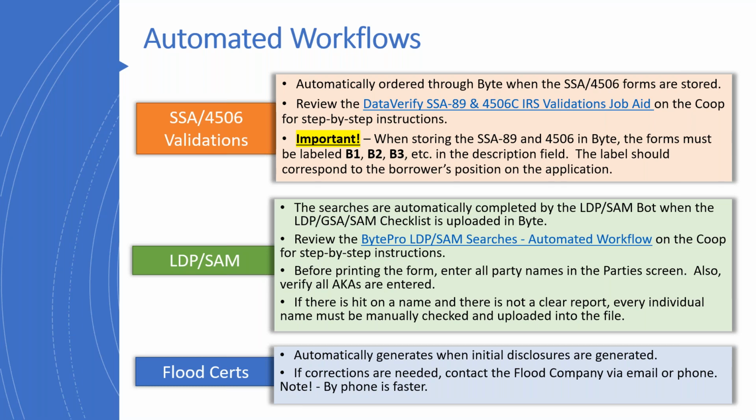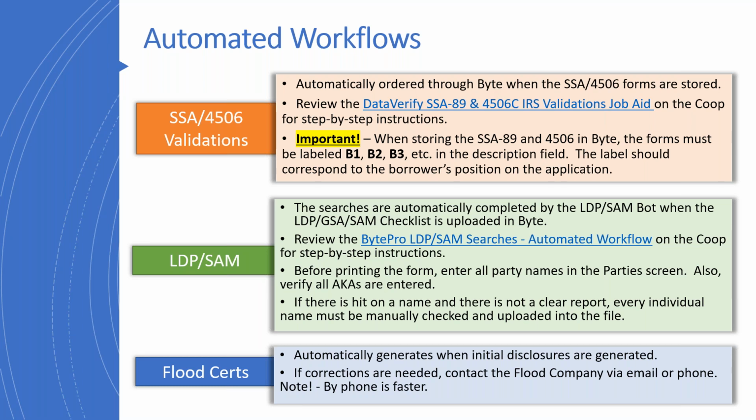Be aware, if there is a hit on a name and there is not a clear report, every individual name must be manually checked and uploaded into the file. Please note, you can find step-by-step instructions for both of these processes in the COOP.